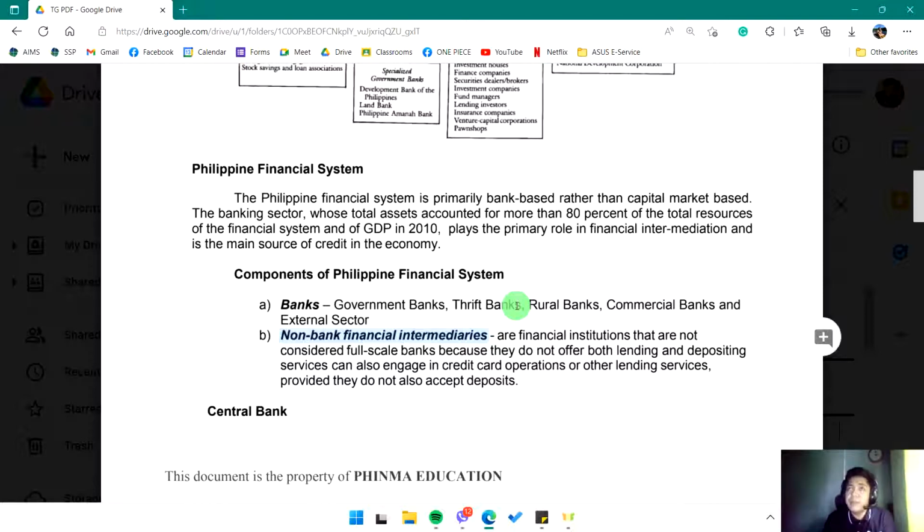Paymaya, ewan ko kung si Paymaya meron din. Si Shopee, alam ko may Shopee Pay Later na rin siya. Also a form of loan and a form of lending of some sort. And then ano pa ba yun? Insurance companies, also a part of the non-bank financial intermediaries.